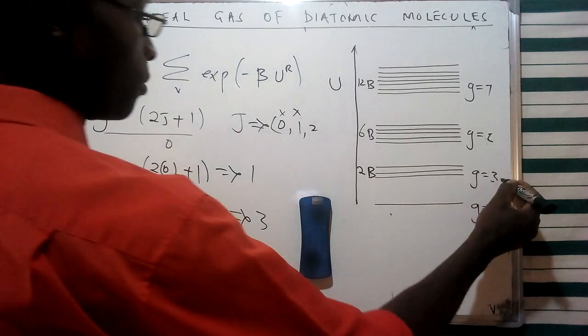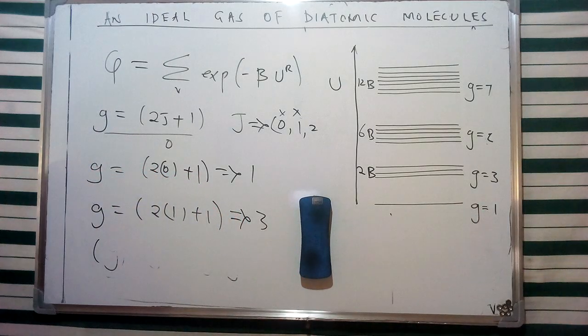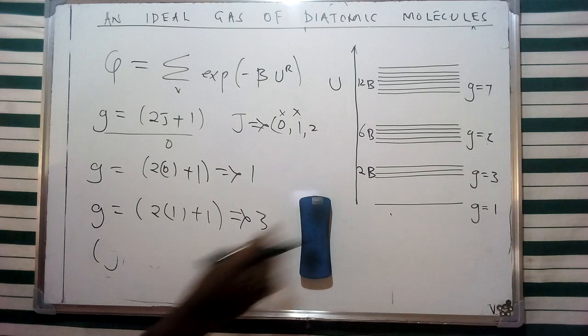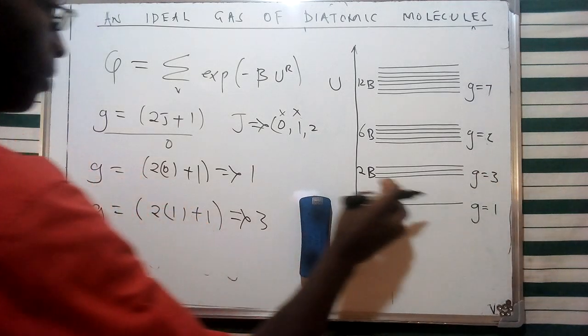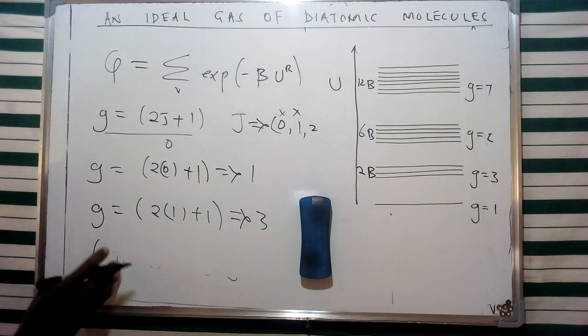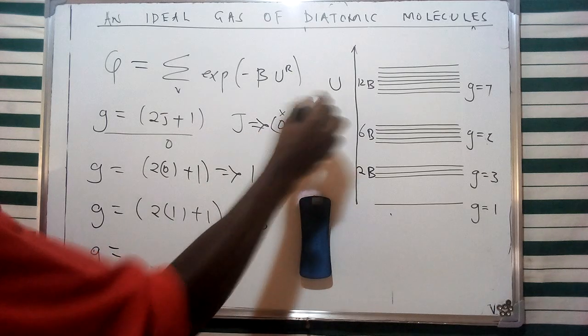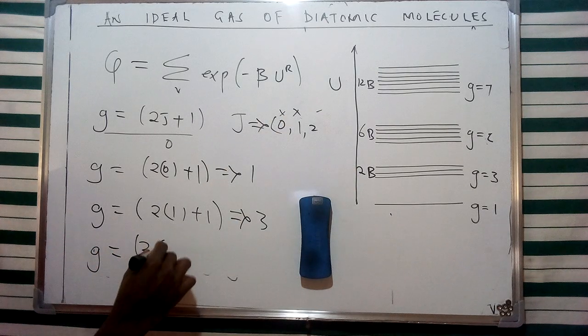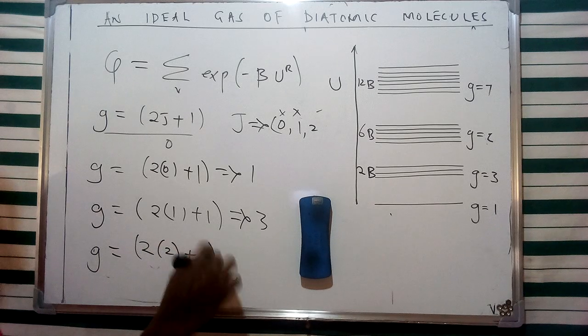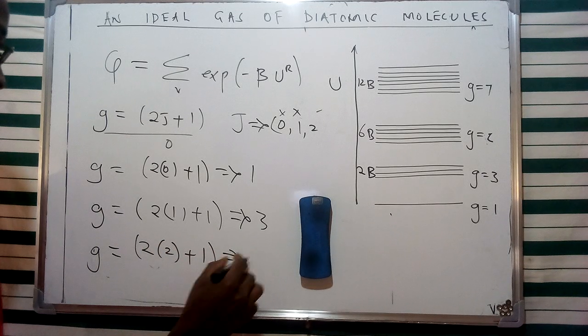Then, whenever g is equivalent to 3, we see this specific behavior, and whenever J is equivalent to 2, then we're going to have 2 times 2 plus 1, and we're going to have this represented as 5.